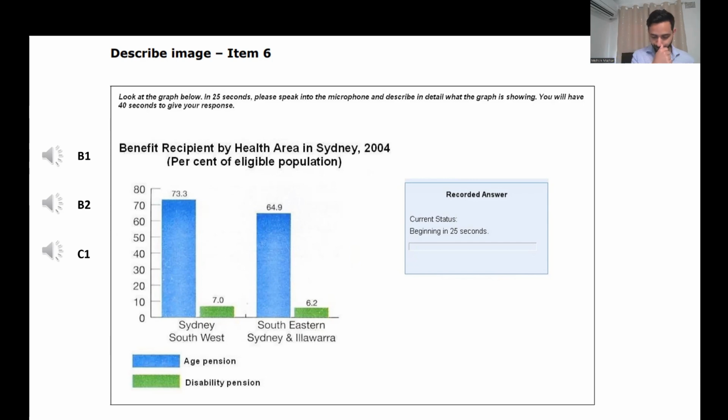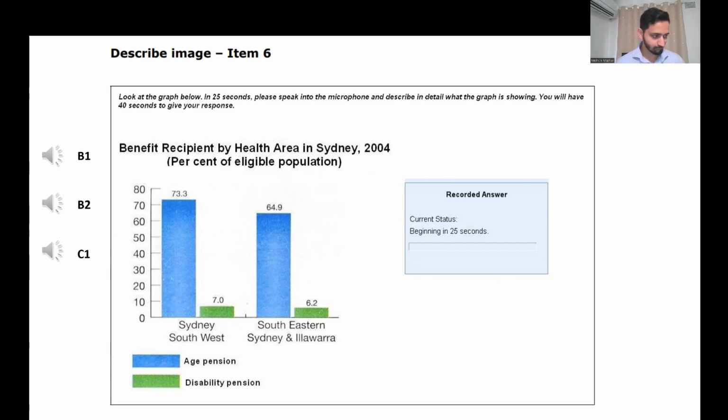Let's look at B2. "In this graph, we can see the population and contrast between age person and disability person in Sydney, and it's a comparing between Sydney Southwest and between Southeastern Sydney, Illawarra.